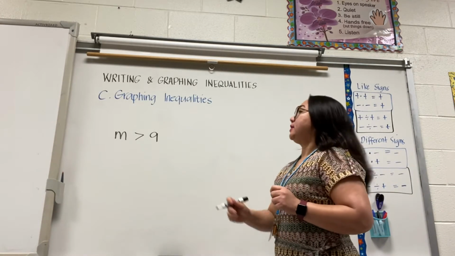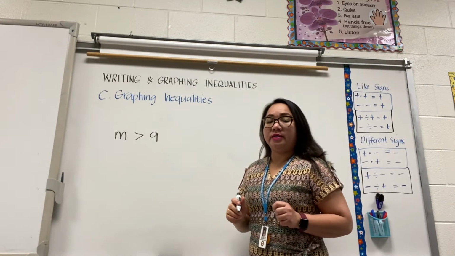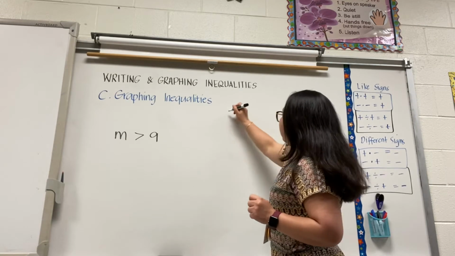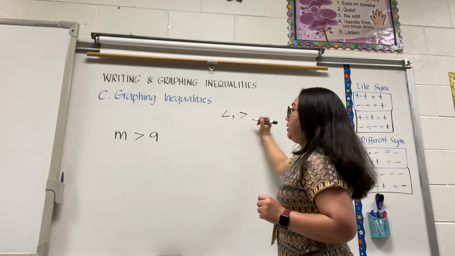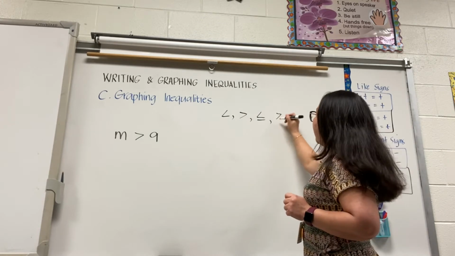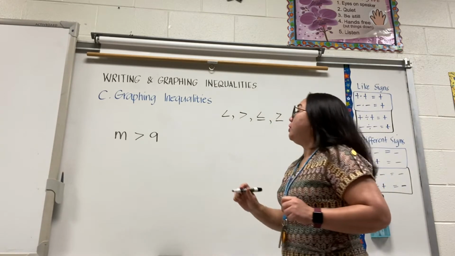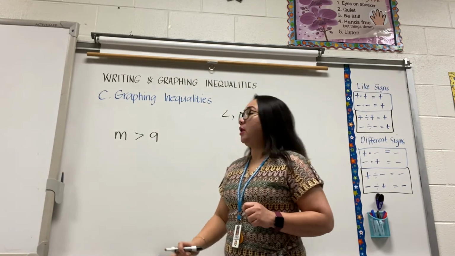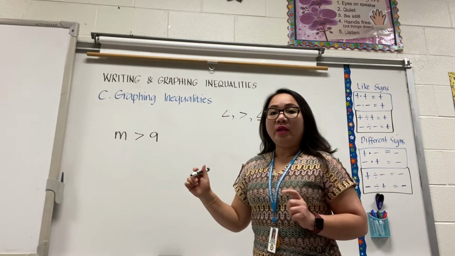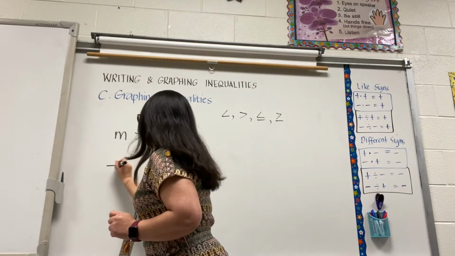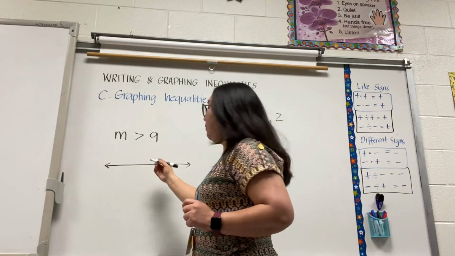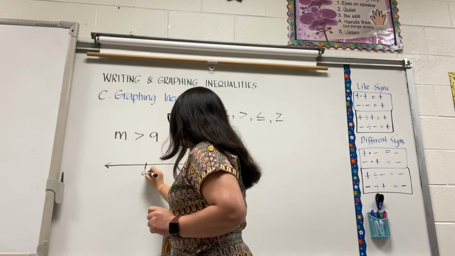Part C of this lesson, graphing inequalities. So we all know that the symbols of inequalities are less than, greater than, less than or equal to, and greater than or equal to. So let's take this as example. M is greater than 9. So we will draw a number line. And we will put 9 at the middle. So write down 9 here.